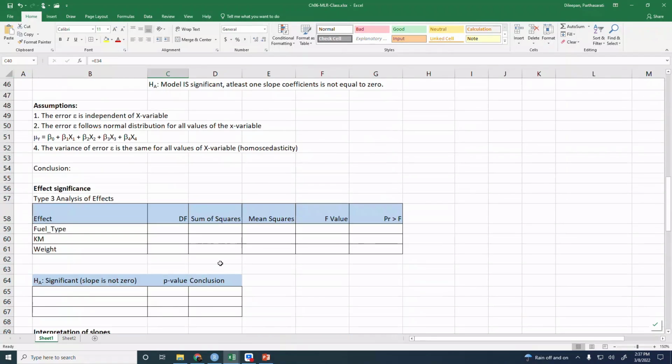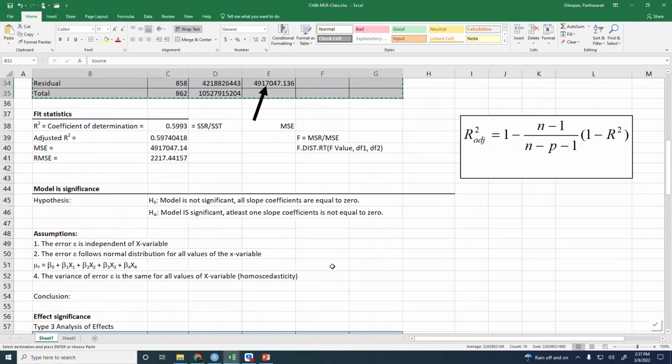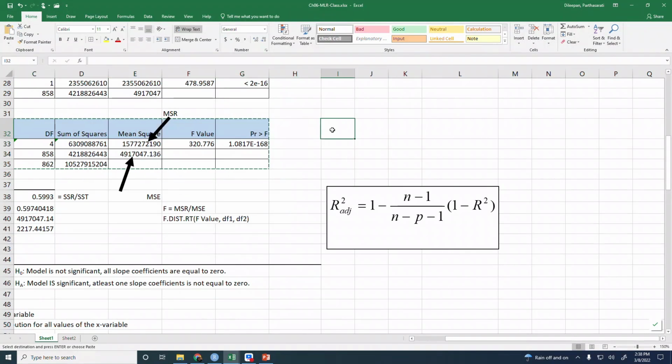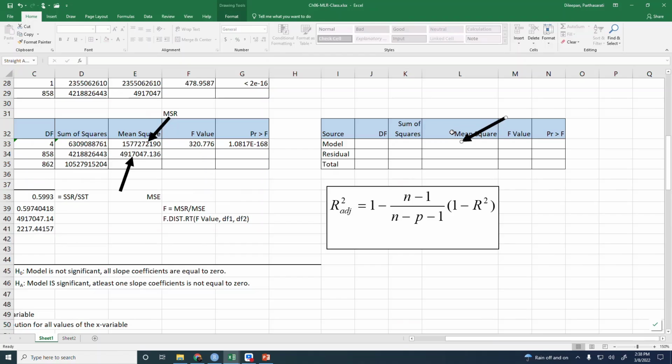Let's look at how the table is built. Here n is equal to the number of observations, and p is equal to the number of independent variables.